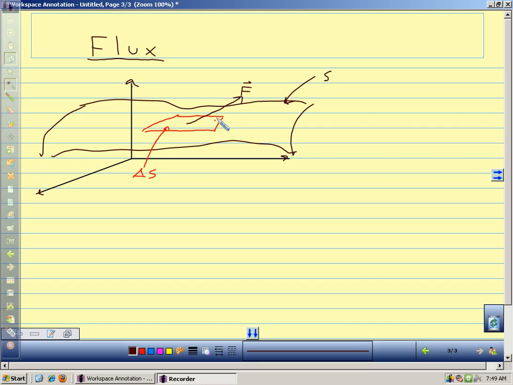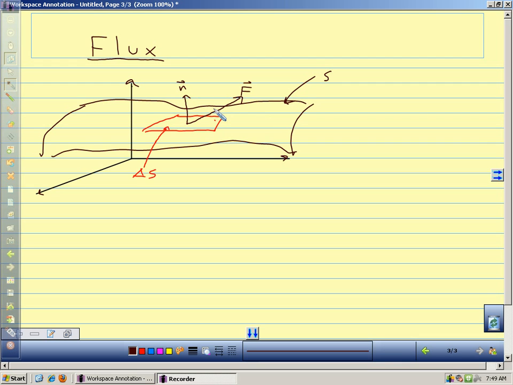So that's F. And at this particular point, we also have our normal vector. To develop this idea of flux, we're going to say that F is the velocity field of a liquid. So we have a liquid flowing through here, and our vector field gives us the velocity of the liquid at any point.